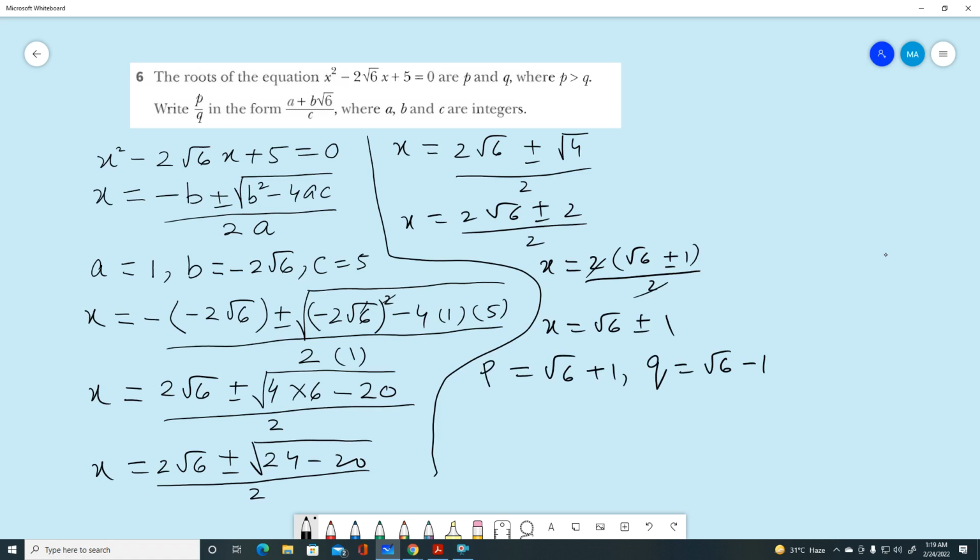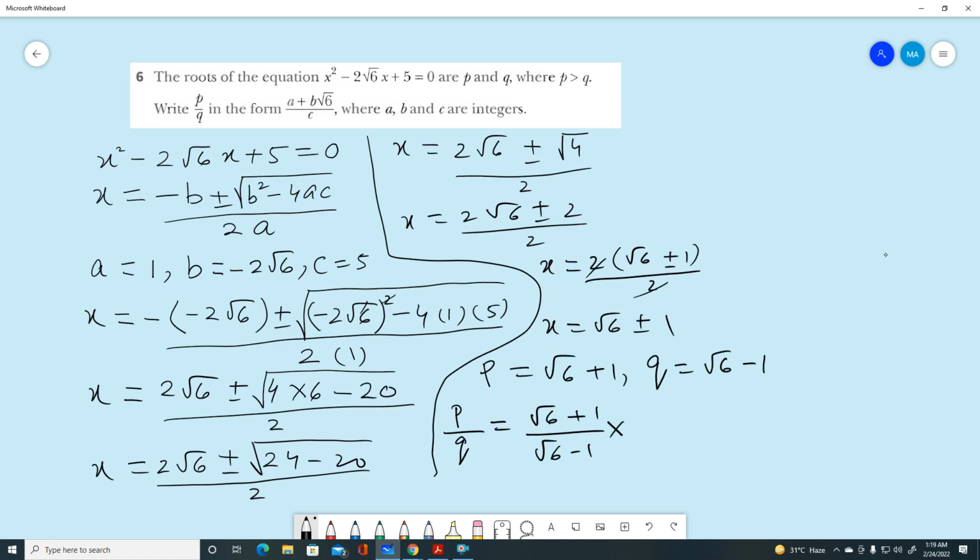Now, what is the question? Write p upon q. P upon q means we have to divide p by q. P is root 6 plus 1 and q is root 6 minus 1.